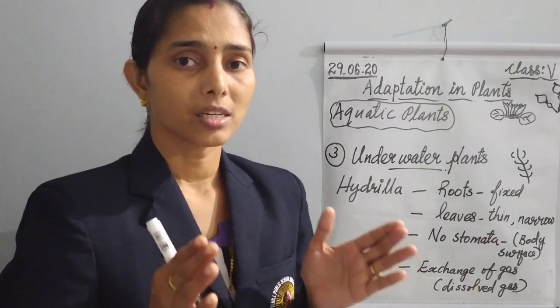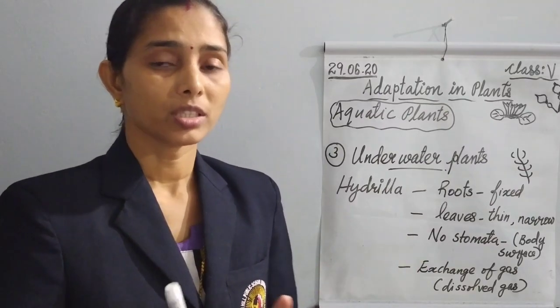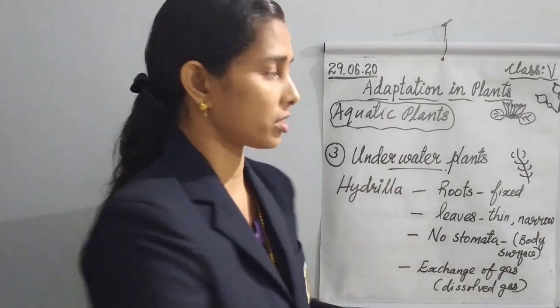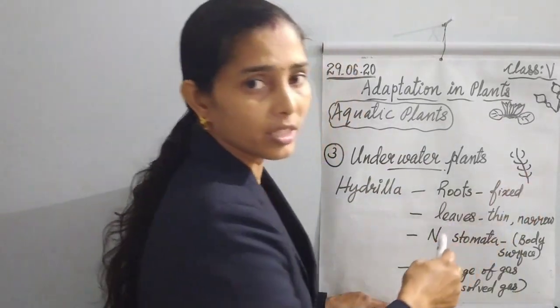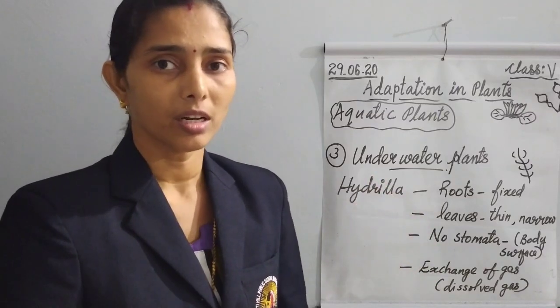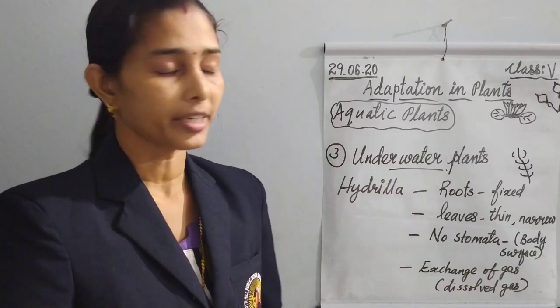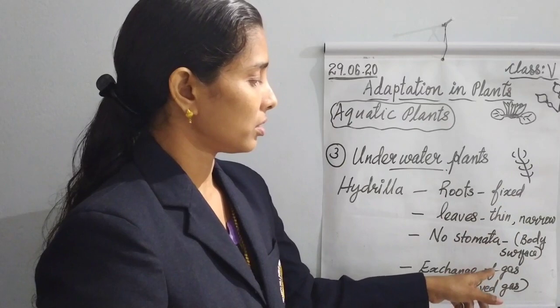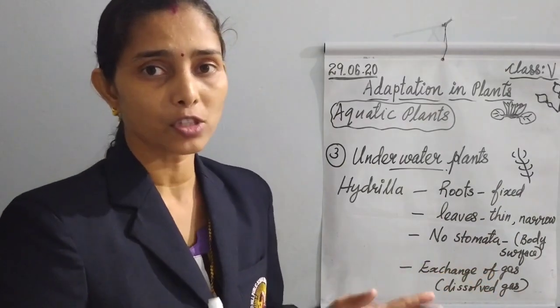The plant's body surface will do the gas exchange. The spiny leaves and its stem, everywhere the gas exchange will happen. That is why there is no need of stomata.